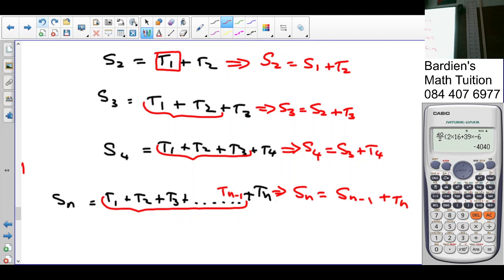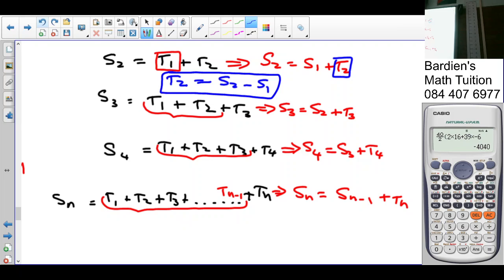So what will happen if I make Tn the subject of the formula? So that would simply be T2 is equal to S2 minus S1. T3 will be equal to S3 minus S2. What would T4 be?